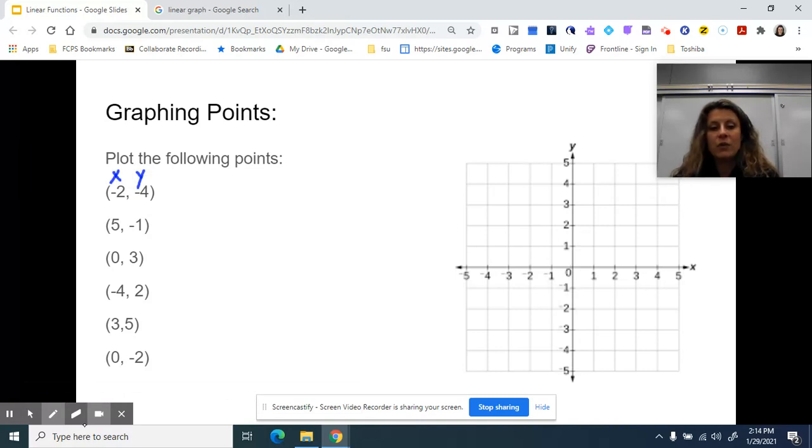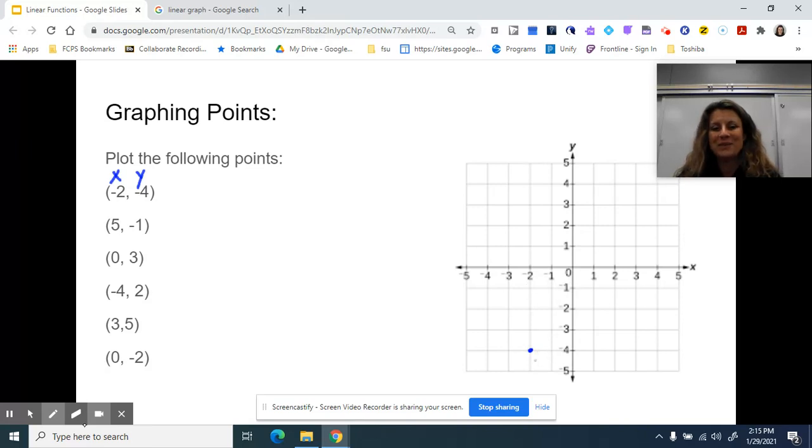So I would move -2 on the x-axis, which is left 2, and -4 on the y-axis is going to be down 4. 1, 2, 3, 4. So I'd be right here. That's the point -2, -4.